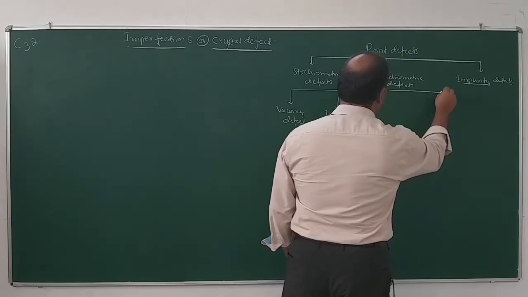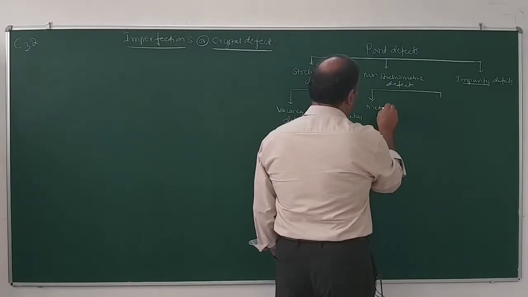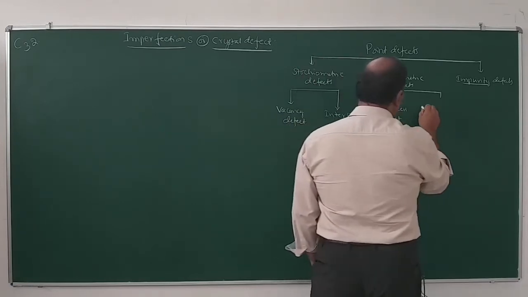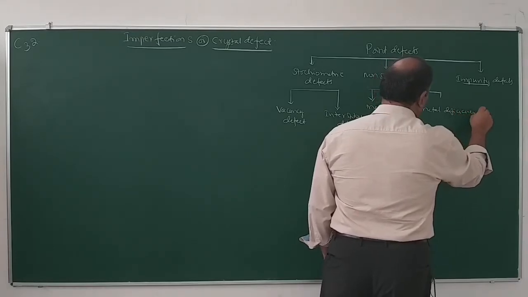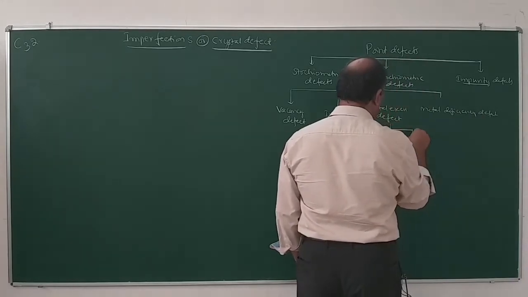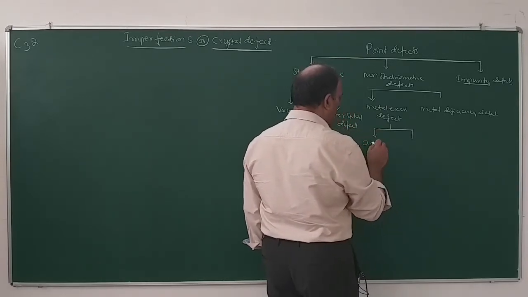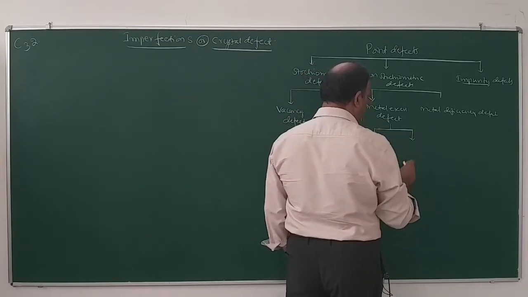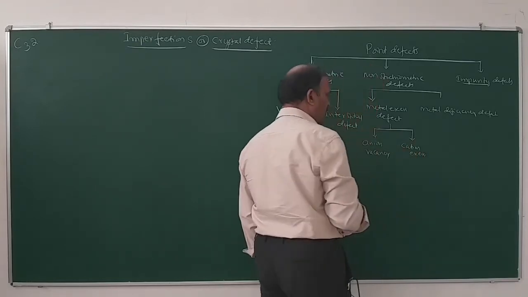Coming to non-stoichiometric defects, again there are two types. Number one, metal excess defect, and number two, metal deficiency defect. In metal excess defect, there are again two types: metal excess defect due to anion vacancy, and metal excess defect due to excess of cations.